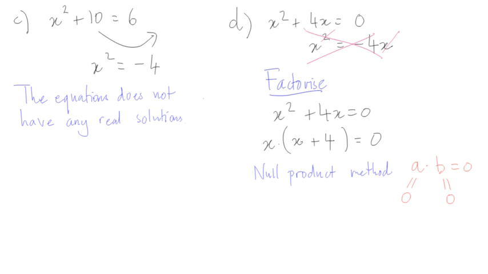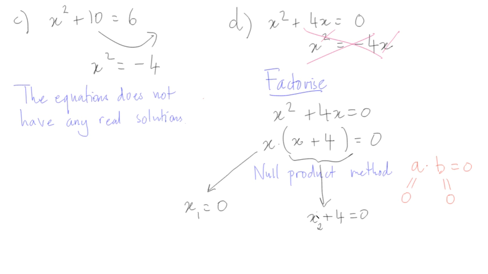So from the null product method, we can say that the first term here, x, is like a, so either x can be 0, so that's our first solution, so we call that x1. x1 can be 0, or all of this thing can be 0. X plus 4 equals 0, and call this the second solution.